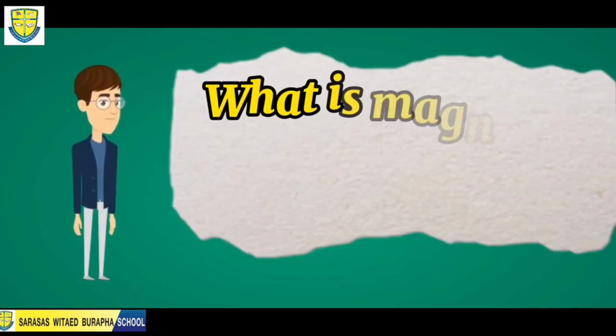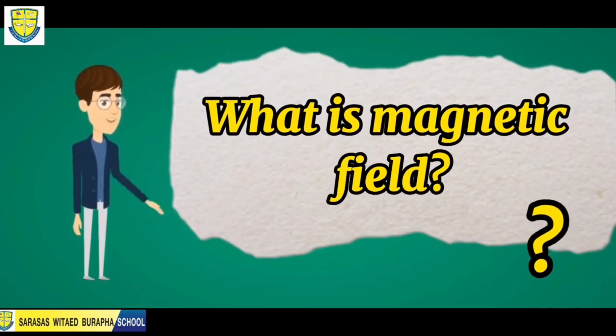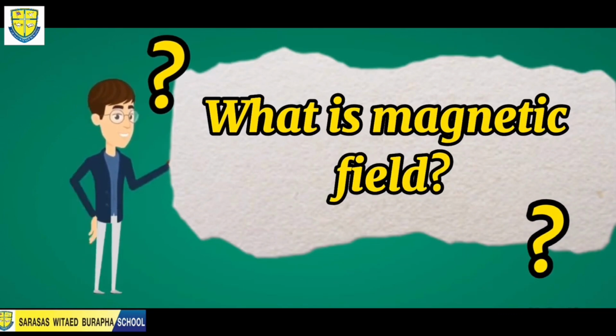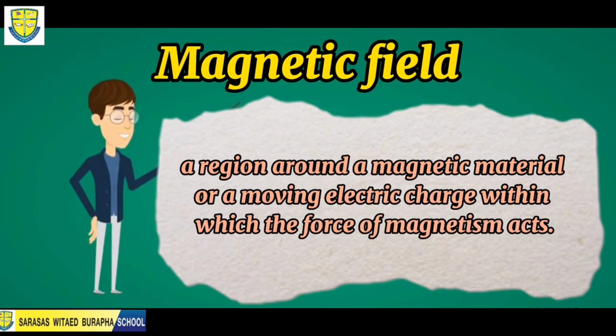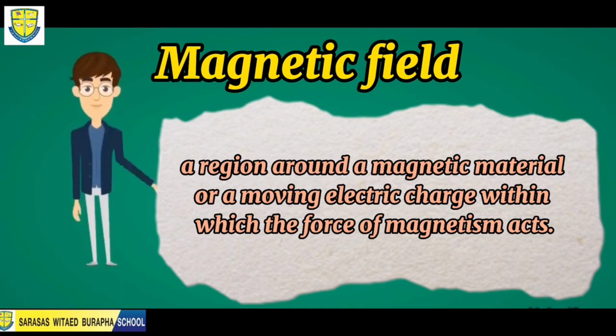But what is a magnetic field? Do you have any idea? Magnetic field is a region around a magnetic material or a moving electric charge within which the force of magnetism acts.